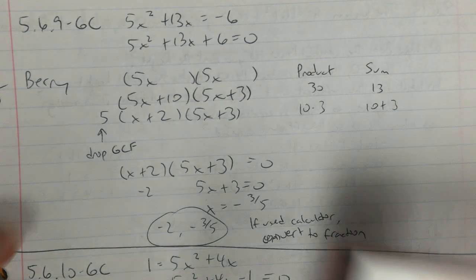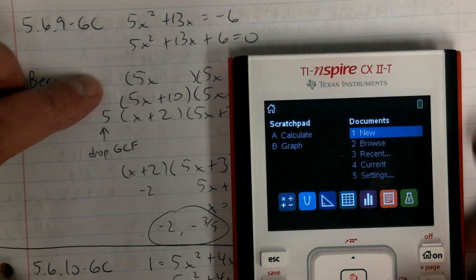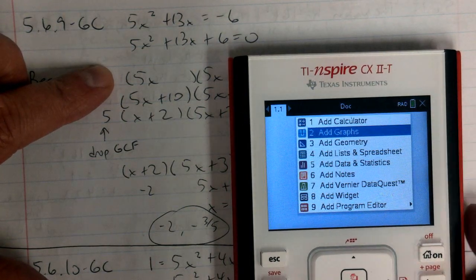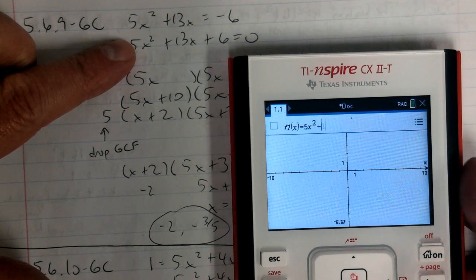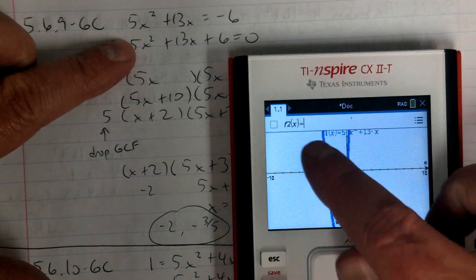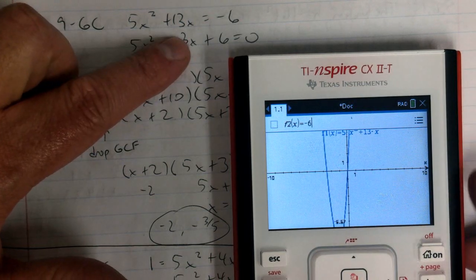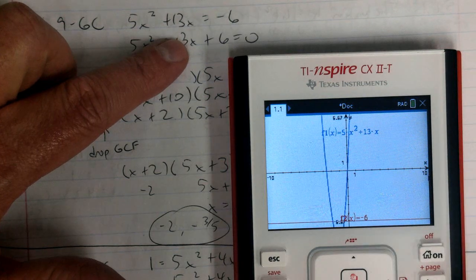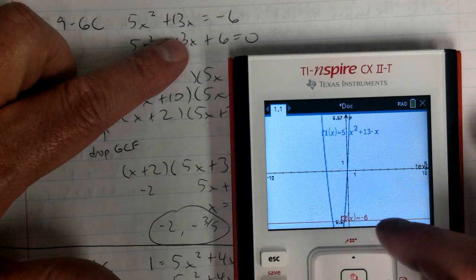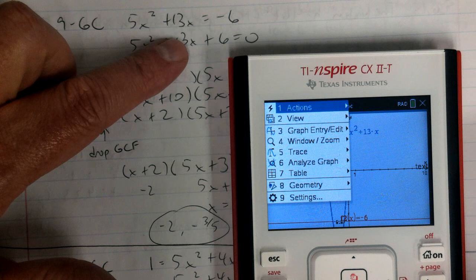So let's just show that a couple of ways. If we start our original as 5x squared plus 13x, and we do our second one as -6, that's just going to be a horizontal line right there. I would have to manipulate my screen a little bit and change my window.